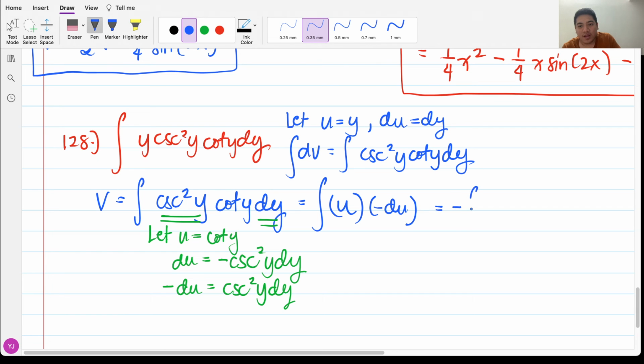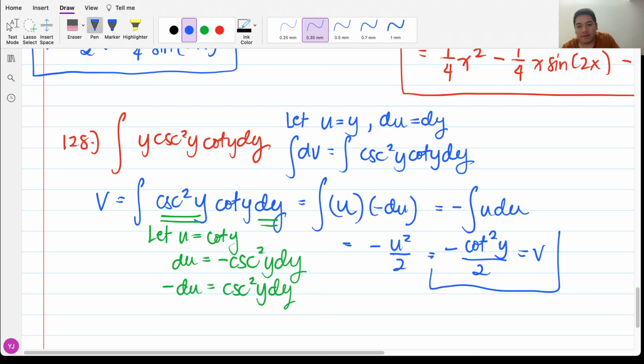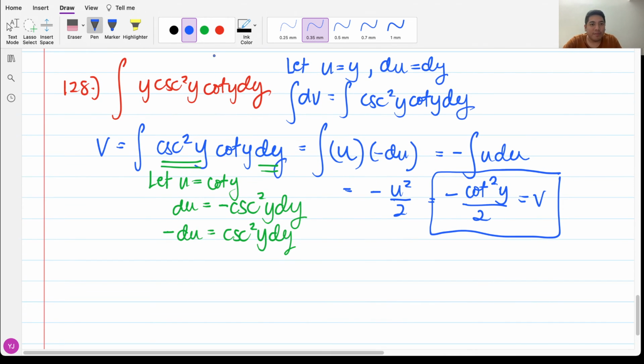So I can factor out negative 1, then you have u du, so that would be negative u squared all over 2, which is negative cotangent squared of y all over 2. That will be my v. Now going back to the integration by parts, you have uv minus the integral of v du.